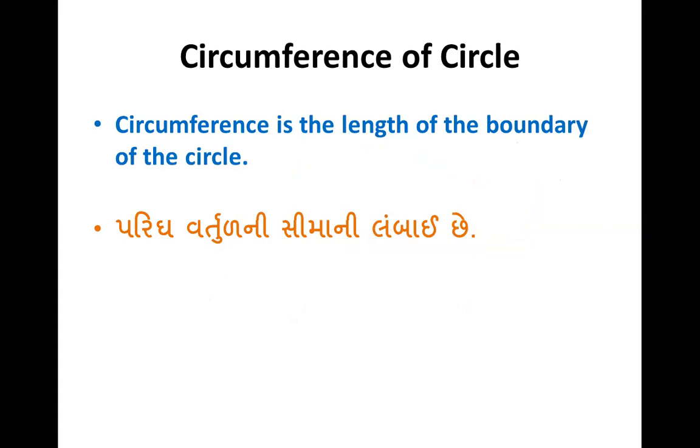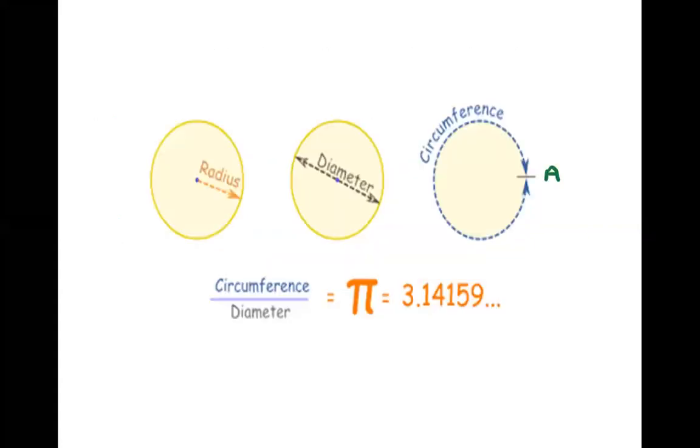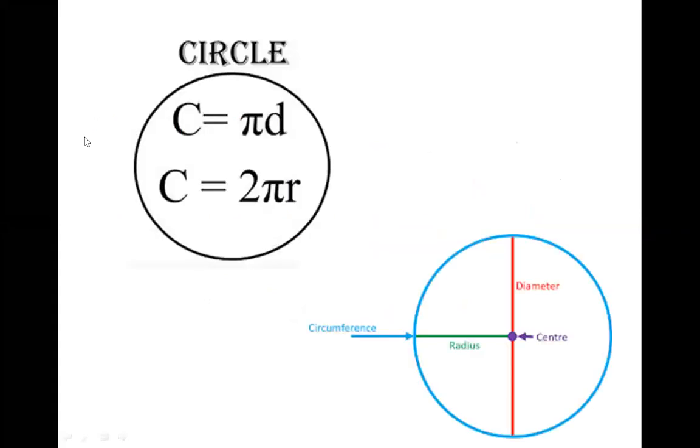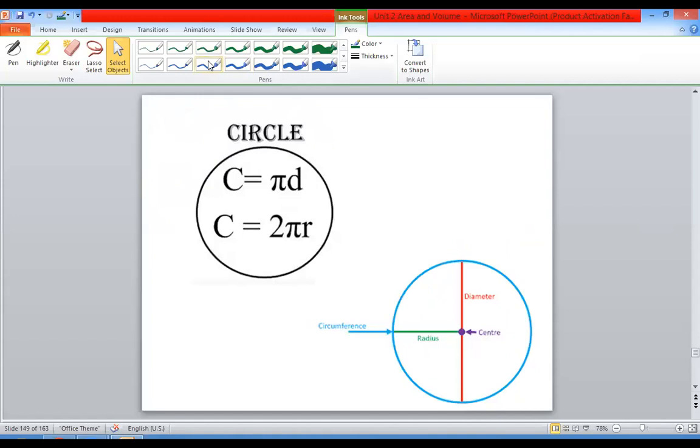This total length, starting from A to A, is known as the circumference. And the formula to find the circumference is 2 pi r or pi d. Why? C is denoted for the circumference.